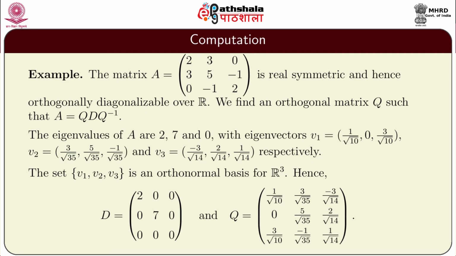The eigenvalues 2, 7 and 0 are appearing on the principal diagonal, and Q, that is 1 by root 10, 3 by root 35, minus 3 by root 14 in the first row, 0, 5 by root 35, 2 by root 14 in the second row, and 3 by root 10, minus 1 by root 35, 1 by root 14 in the third row, is the basis change matrix, which is again orthogonal, because if you look at the columns, you will see that these are nothing but the vectors in the orthonormal basis.